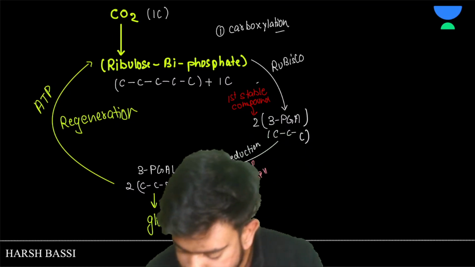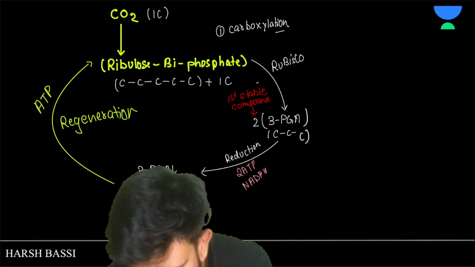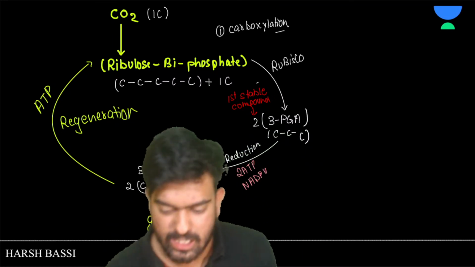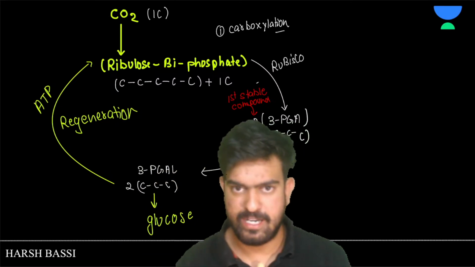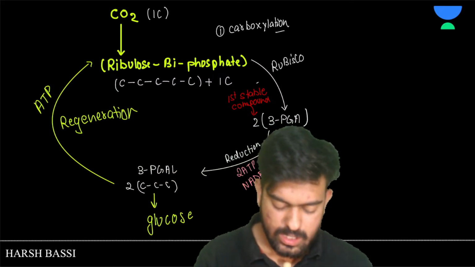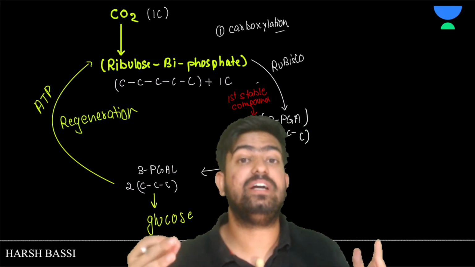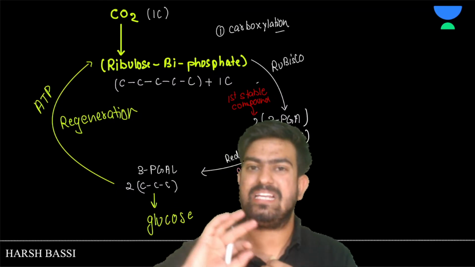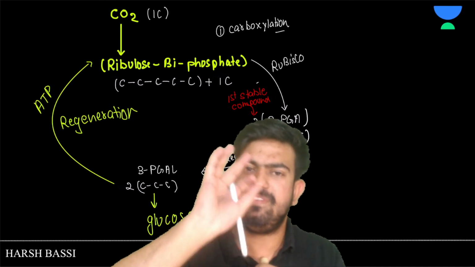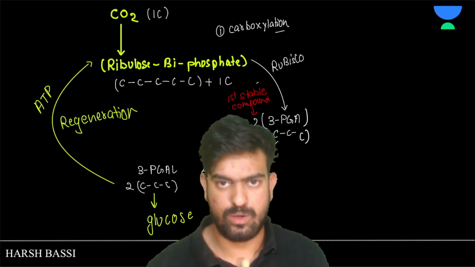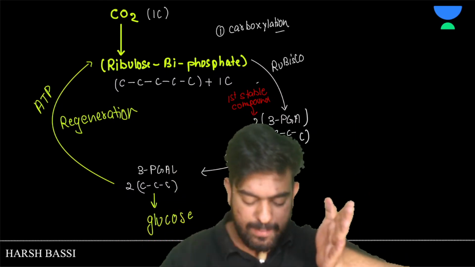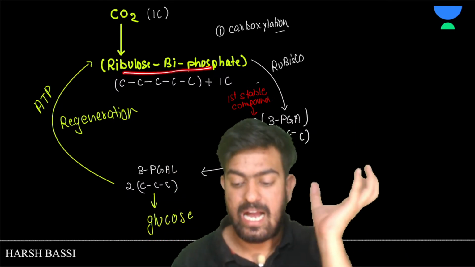If you didn't understand from reduction, okay, I'll explain it again. Don't worry. See, CO2, carbon dioxide. Where the carbon dioxide is coming from, we will get to know after this. So carbon dioxide came and attached with the RuBP.